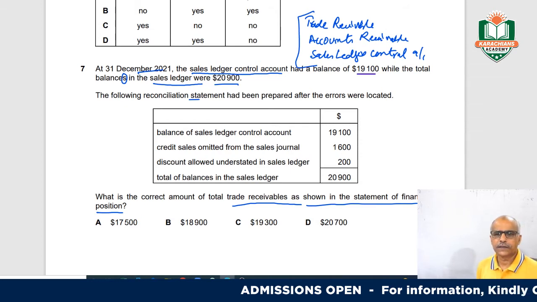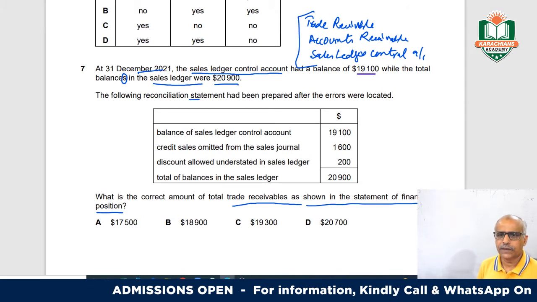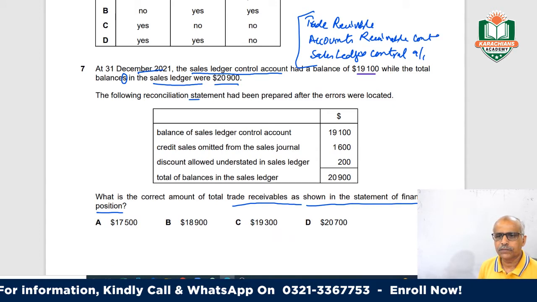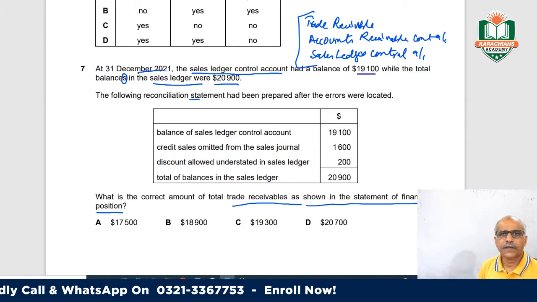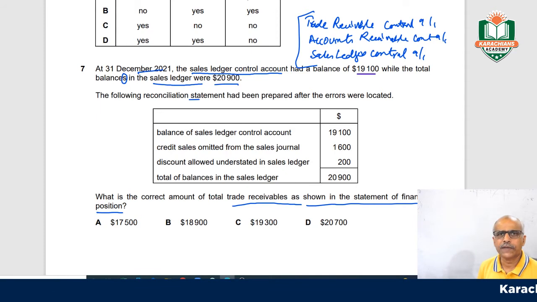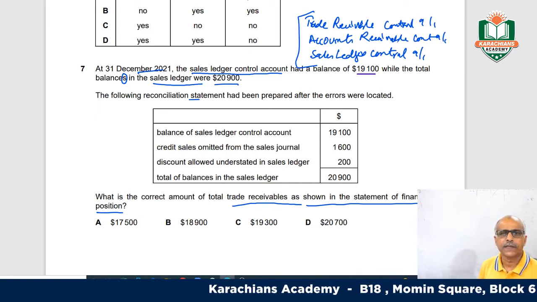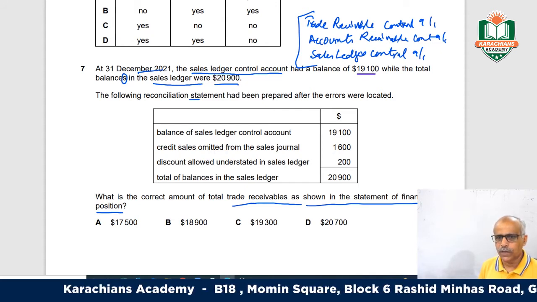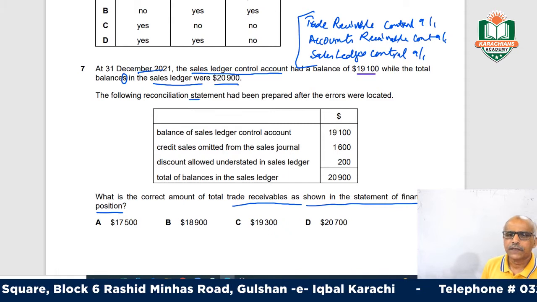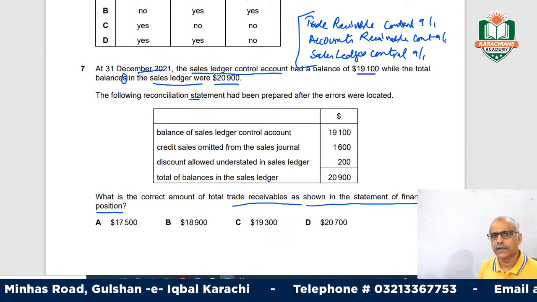They all are the same. Basically, trade receivables or accounts receivable, you can call them a control account. Actually, any name can be given: either accounts receivable control account, trade receivables control account, or sales ledger control account.